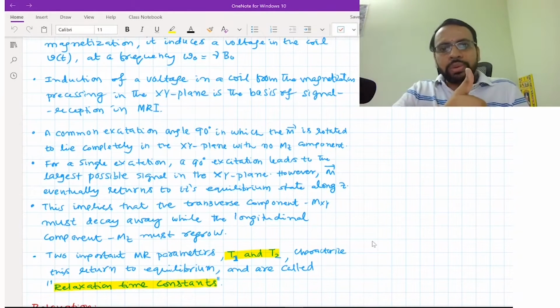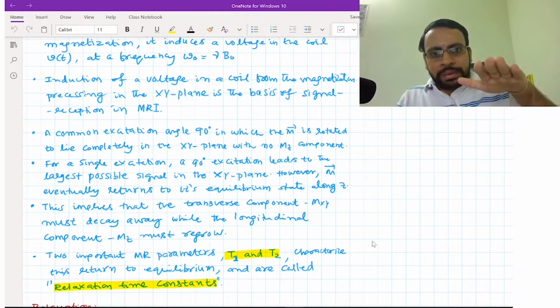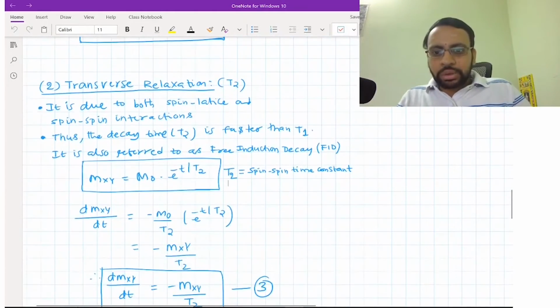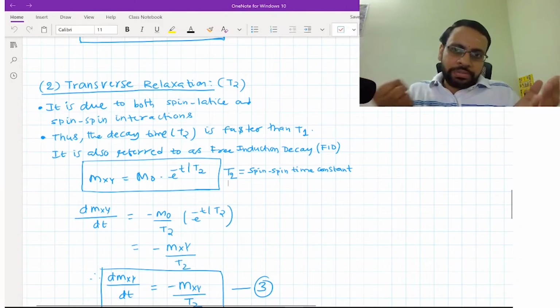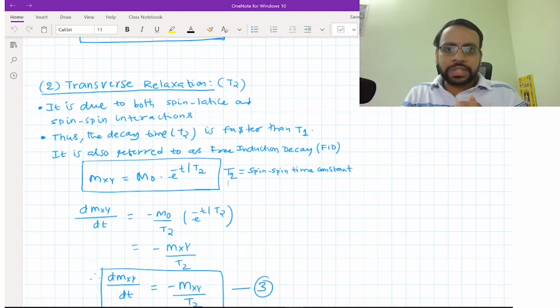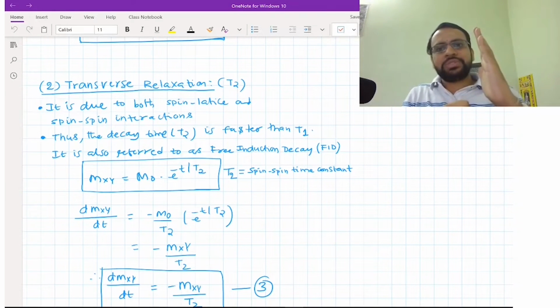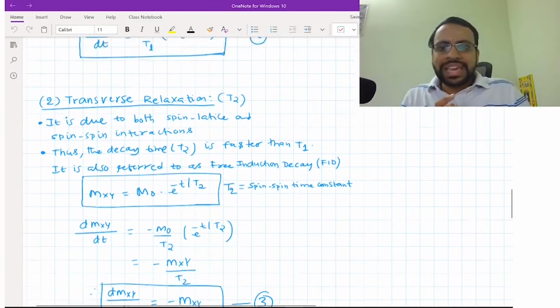So what is of our interest now is how M subscript xy is going to vary over time after you withdraw your RF magnetic field, the RF signal. And the second one is how your Mz, the projection of this M bar on the z-axis, is going to vary.